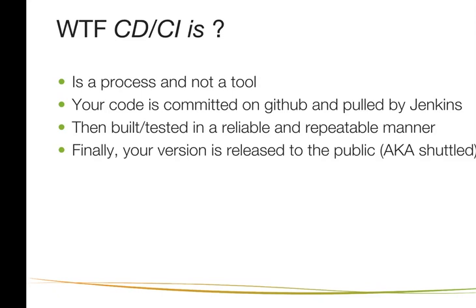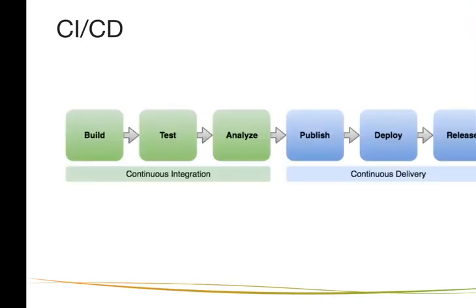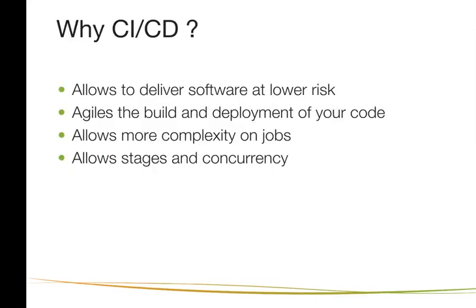And finally, that's the manual process I was talking about, to release the code publicly, which we call in Marfield the shuttle. So this is basically the flow that we have. We build, we test, and then we deploy. We do the continuous delivery.